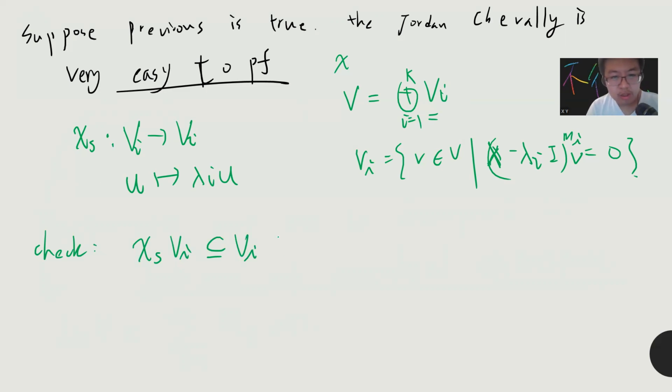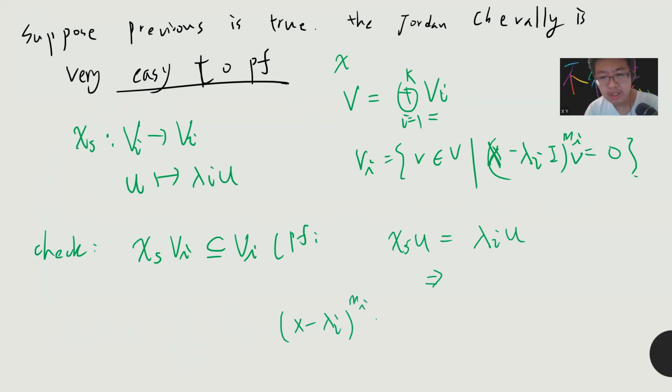Let me quickly write down the proof. The proof is trivial. XS applied to u is lambda i u, and you want to prove that it's still in Vi. So I can act with (X minus lambda i) to the mi on lambda i u.